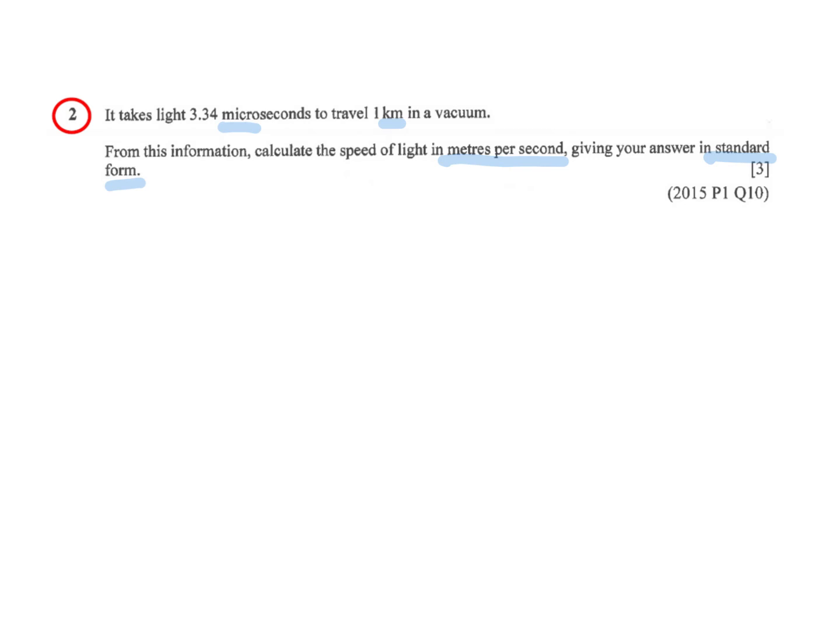First one, this is 3.34 microseconds, right? So what does micro mean? And the question did want us to write meters per second, so I must make sure my units are going to be correct. So micro actually represents times 10 to the power of negative 6.